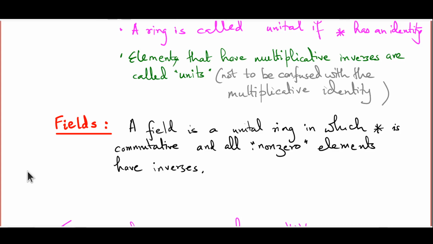This is a result which can be easily proven from the basic axioms, which is why the additive identity can never have a multiplicative inverse. No matter what you multiply it with, you can never get the multiplicative identity 1.